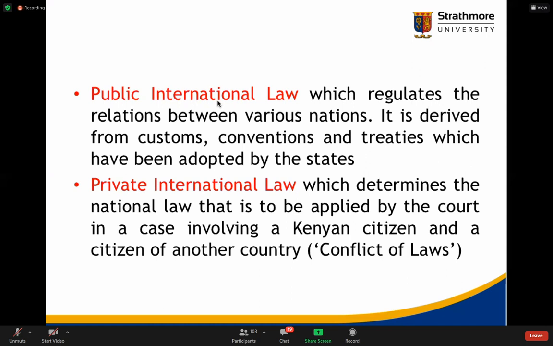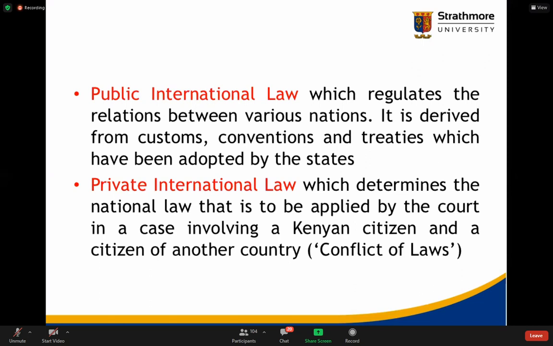Who punishes breakers of such laws? Whenever a country does not conform to a treaty obligation and there's a dispute, this dispute usually goes to an international court known as the International Court of Justice.